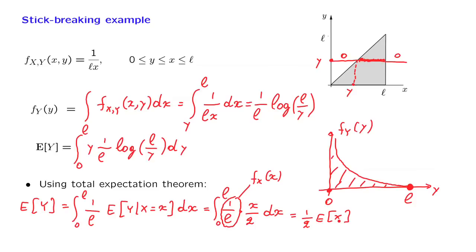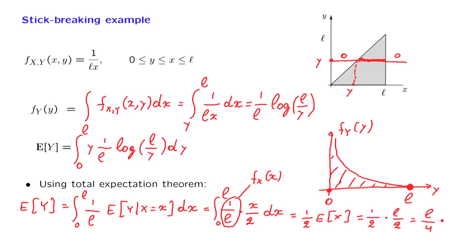But now x itself is uniform on an interval that has length L, and therefore the expected value of x is L over 2, and so we get a final answer, which is 1/2 times L over 2, which is L over 4. This answer makes intuitive sense.